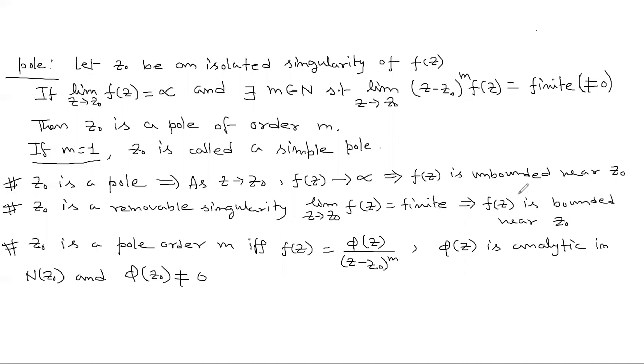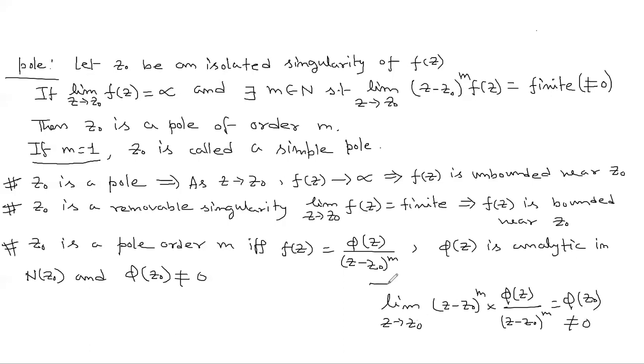This is because if we write f(z) in this form, then the limit z tends to z0 of (z minus z0) power m into f(z) is phi(z) by (z minus z0) power m times that factor, which gives phi of z0, which must be not equal to 0 so that z0 is a pole of order m.